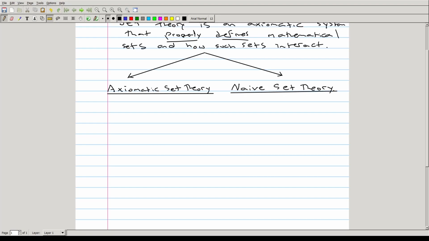Naive set theory is the approach that the book takes and most introductory discrete math books take. They don't really jump into what the axioms of set theory are.